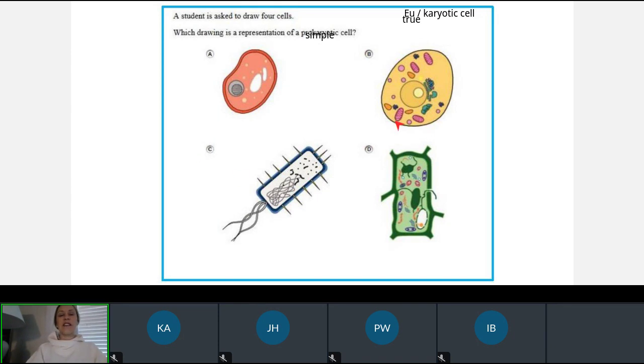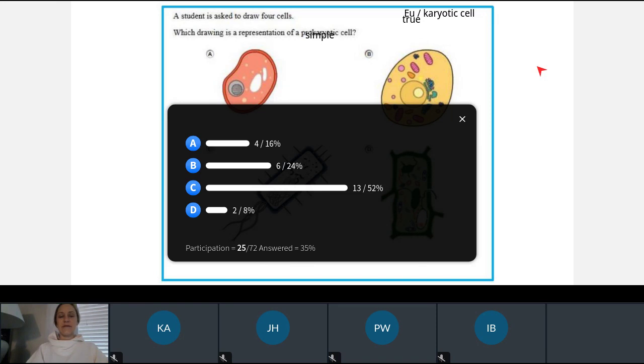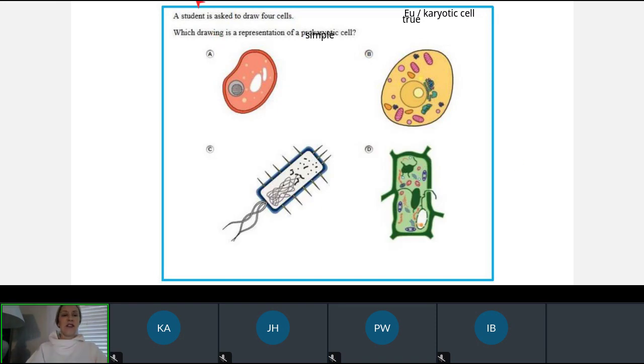All right, so the answer is C. The answer is C, and we can see, let's go to diagram A.